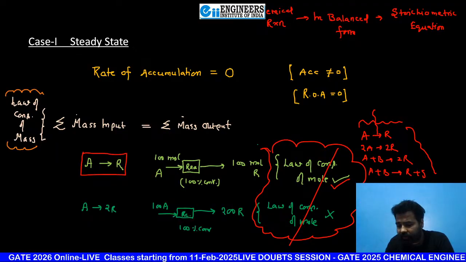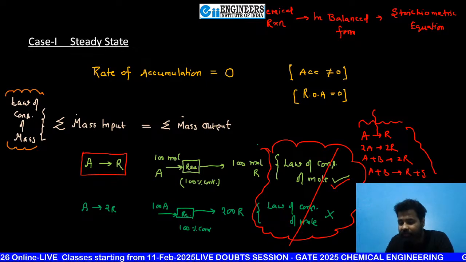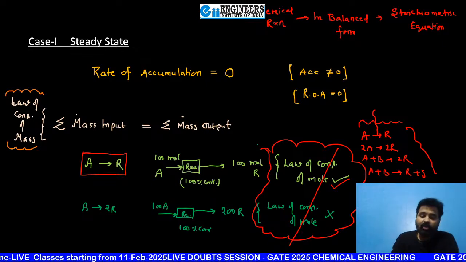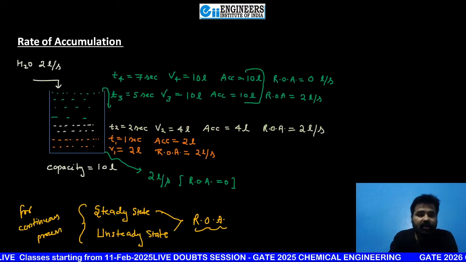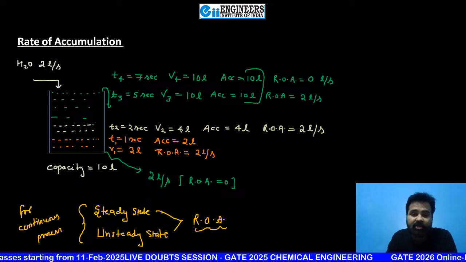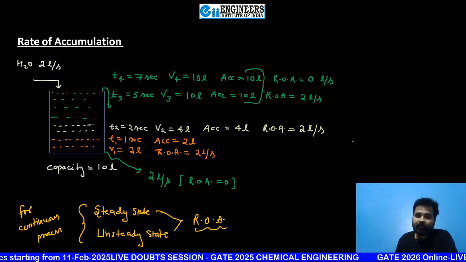Sir, in the before example, is the system unsteady state until reaching full capacity? Yes. In the previous example, this system is at unsteady state because the rate of accumulation term is there till this time.